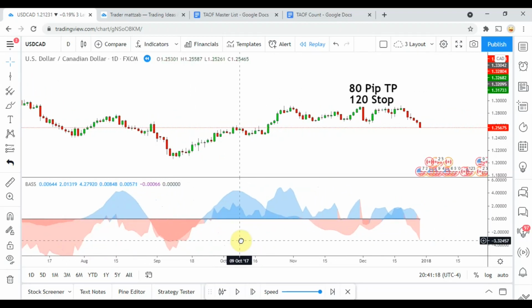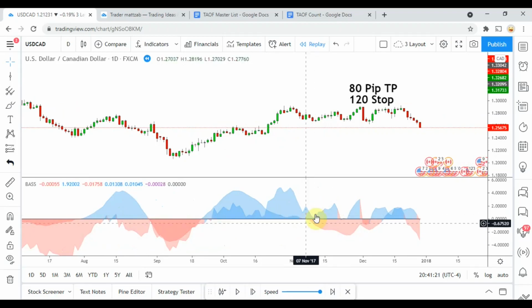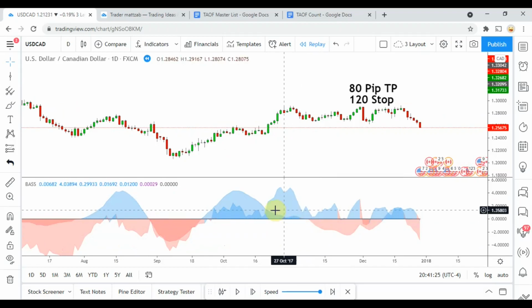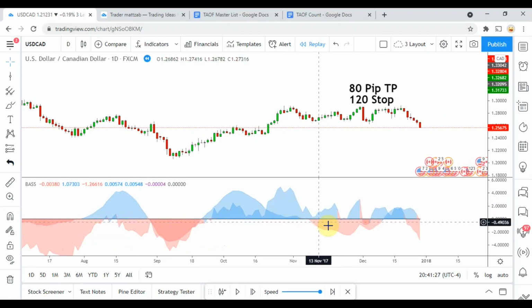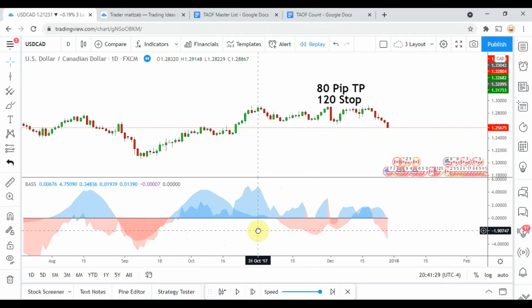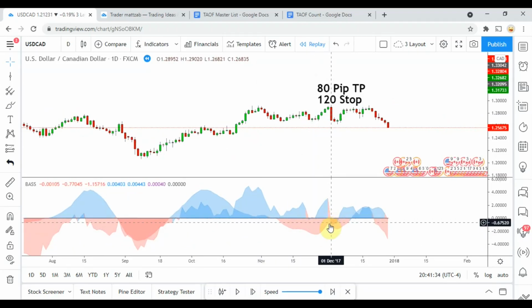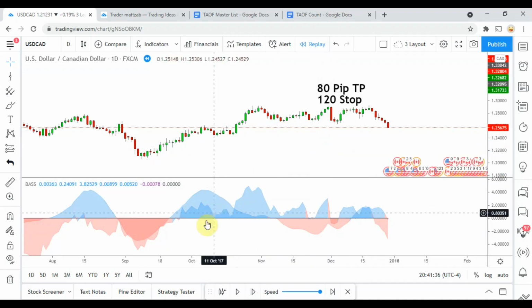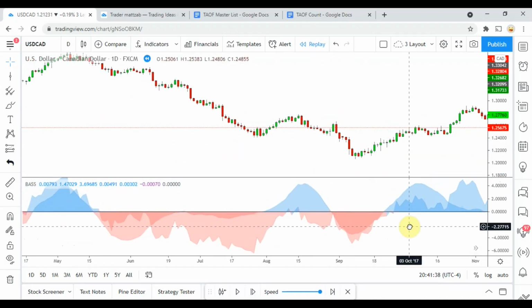So when the initial color appears, for example right here where we see it goes from blue, starts dropping into red, that's a good sign that a change may be coming soon. And then when it drops into a darker red, that would be a sign to go short. And same way on the other side.